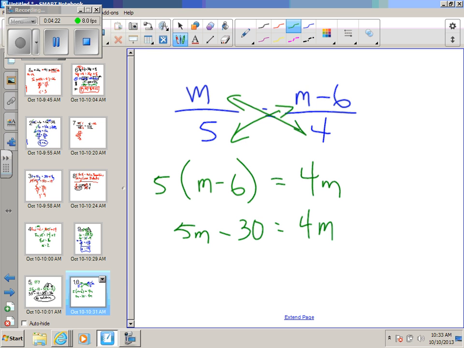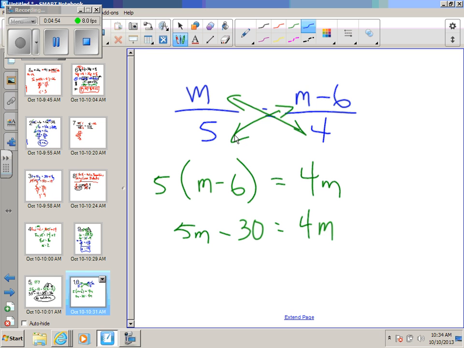Equals 4m. Right? So let's go ahead. You want to move that 30? Let's move the 30. Doesn't matter, really. Whatever we decide we're going to do, it'll work if we do it right. That's the great thing. You can do it with confidence knowing that. Let's get rid of this negative 30 how?